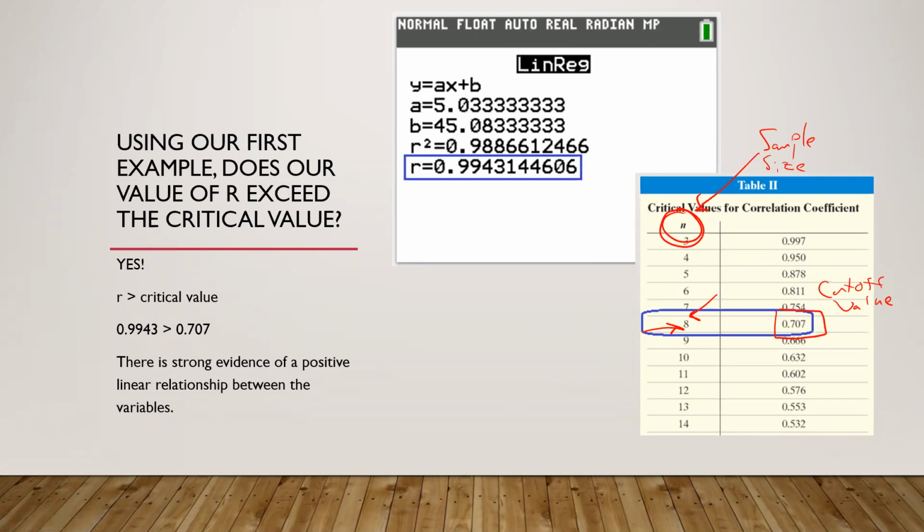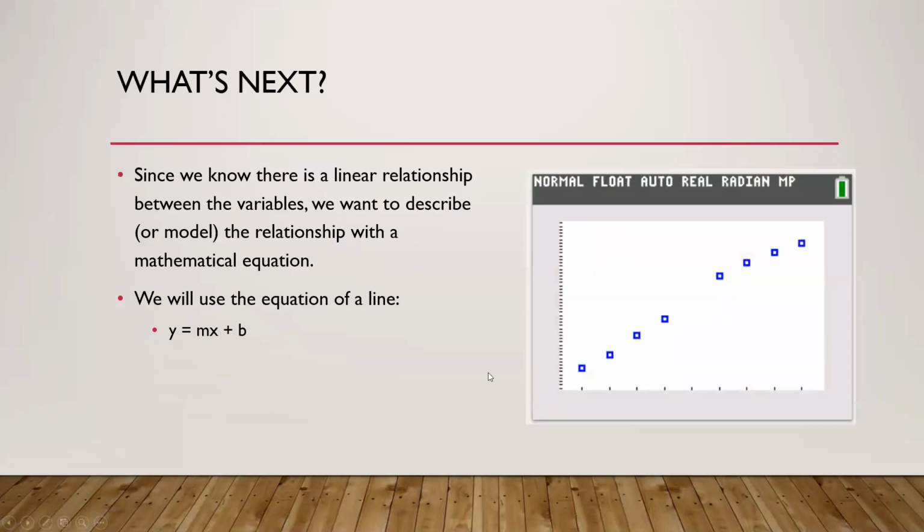All right, so what's next? All right, so since we know there's a linear relationship between the variables, what we wanna do is describe or model the relationship with a mathematical equation, okay? So what type of mathematical equation are we going to use here? We're going to use a linear equation, or the equation of a line.